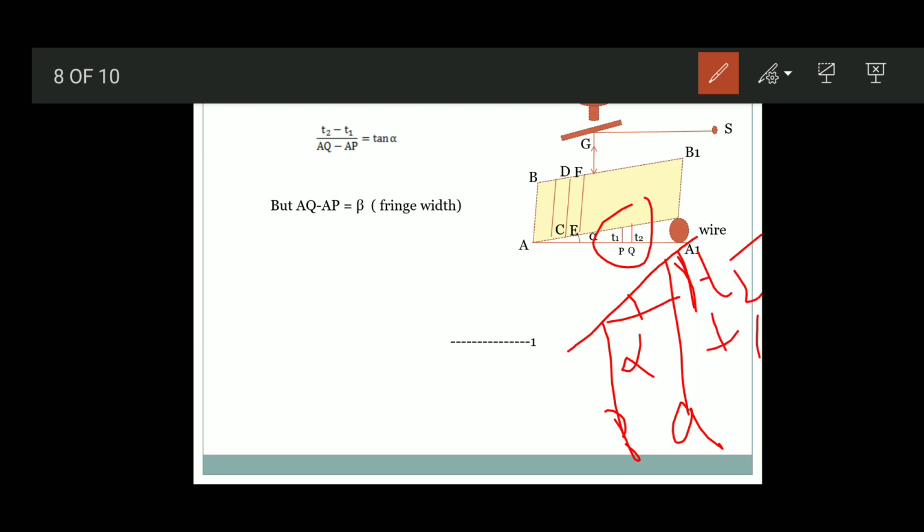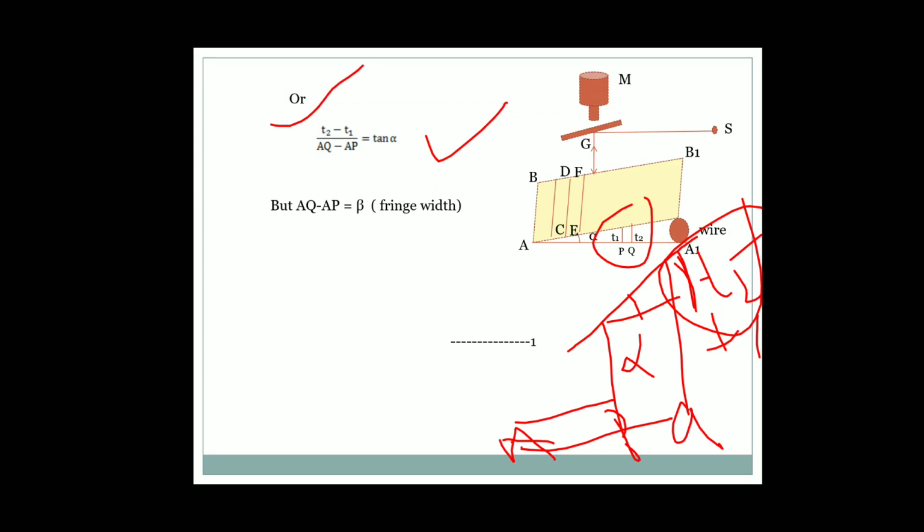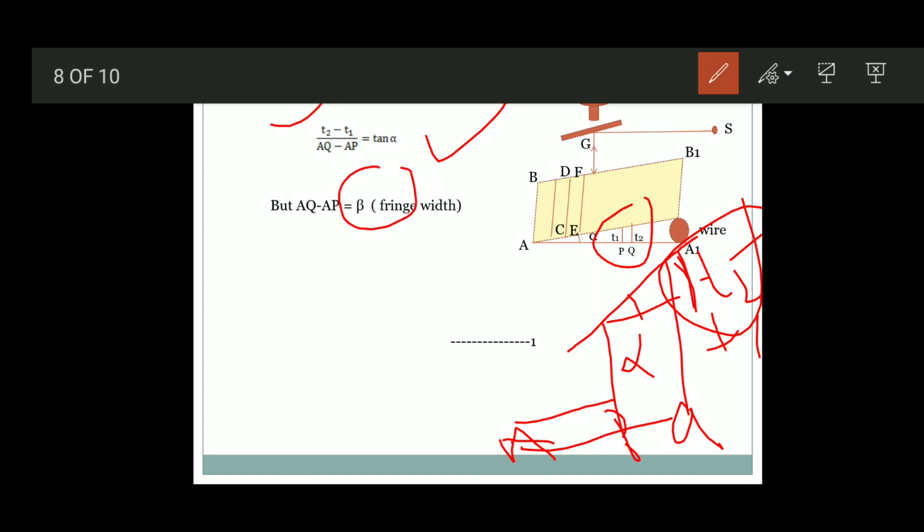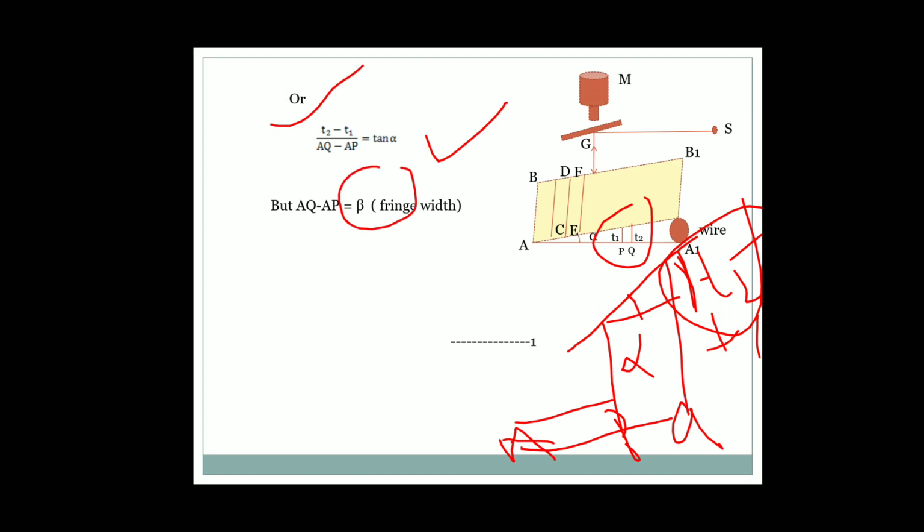So tan alpha is equal to opposite, that is T2 minus T1, by adjacent, that is AQ minus AP. But we know AQ minus AP is the distance between two consecutive dark fringes. Of course, that is called fringe width beta. So tan alpha is equal to T2 minus T1 by beta.